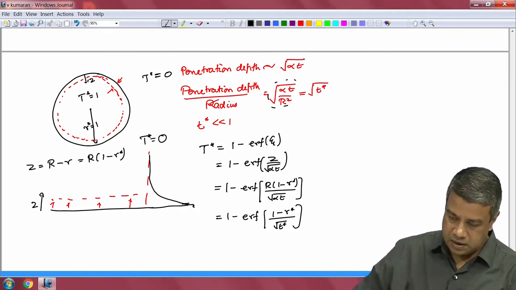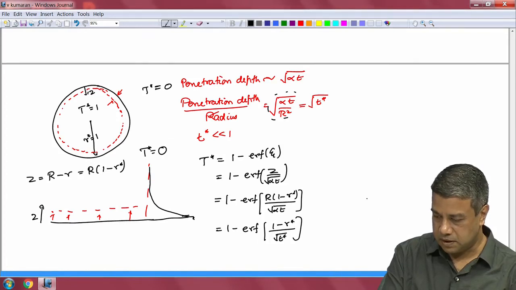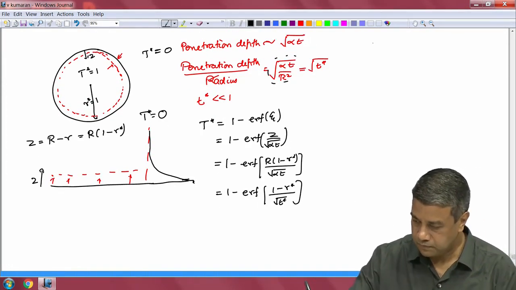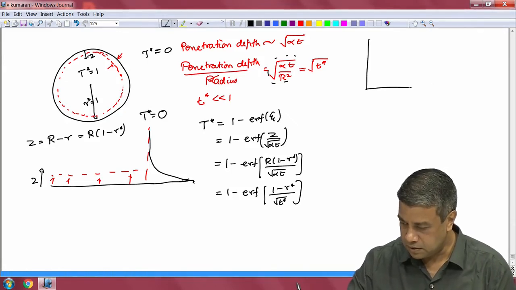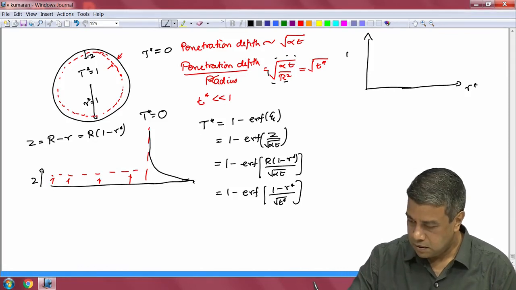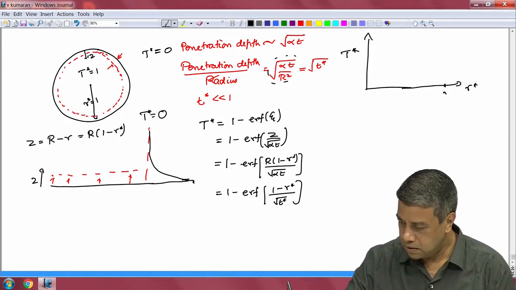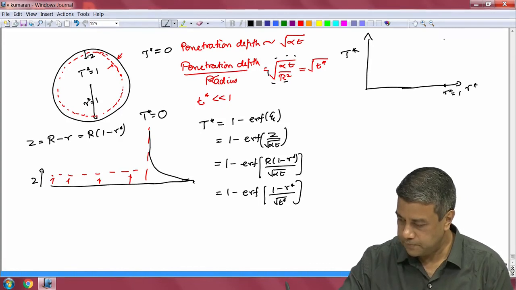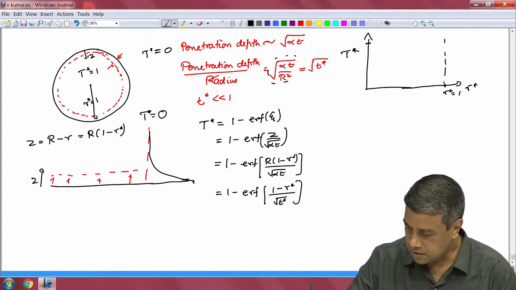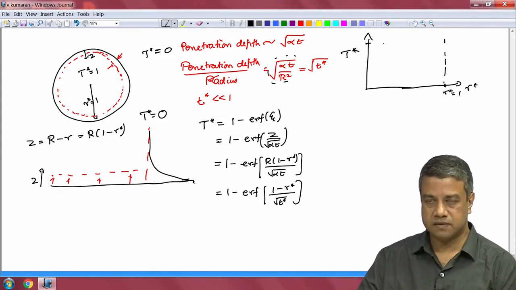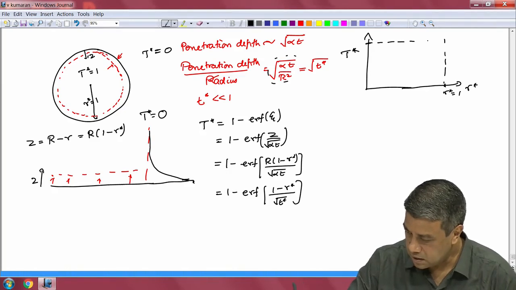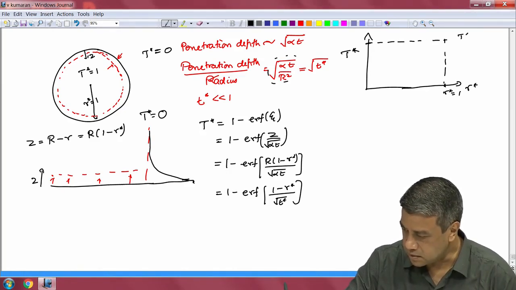And now I can plot this as well, as a function of r star. And if I plot the actual temperature profile that I get in this case from the 5 series approximation at T star, so this is T star equals 1.